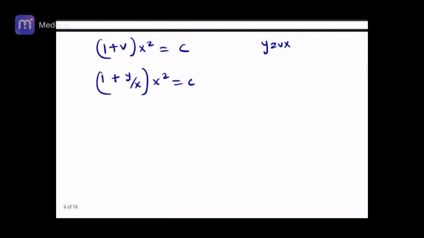Finally, we can have x squared plus yx is equal to c. So we have that y is equal to c over x minus x. So this is the solution to the differential equation.